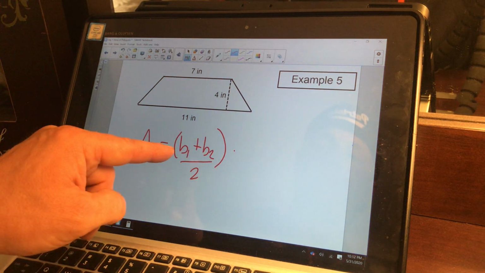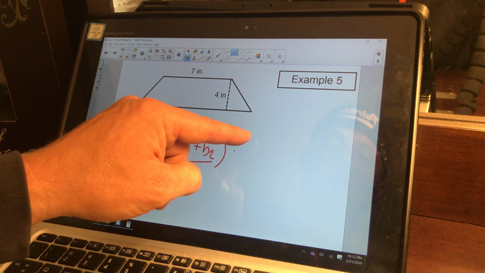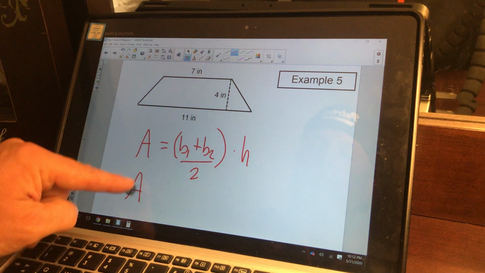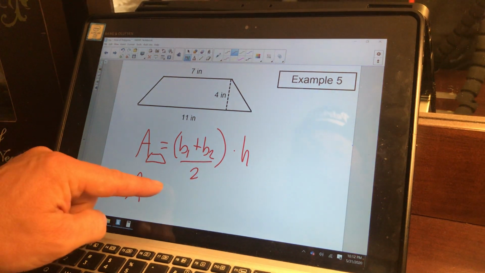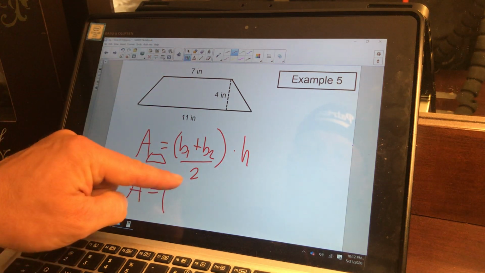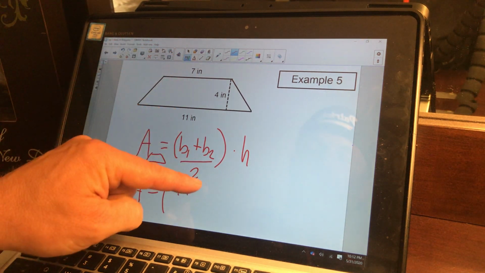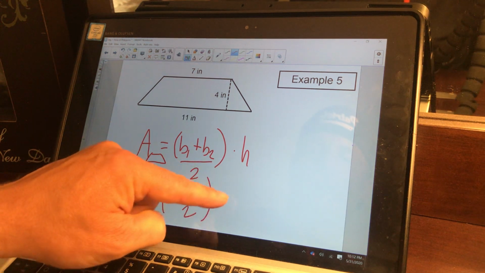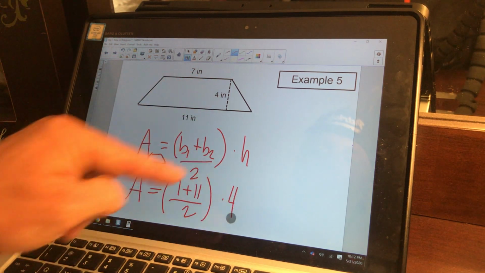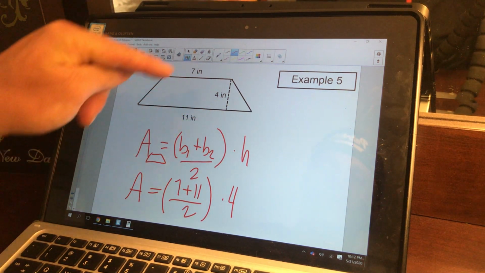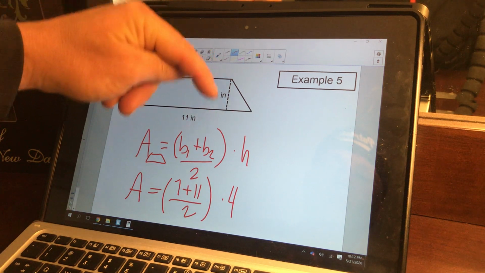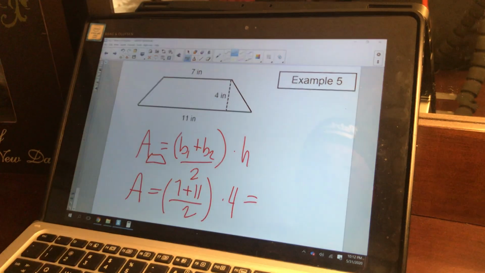Times the height. So base 1, the top, plus base 2, the bottom. Divide that by 2. Multiply it by the height. So in this case, it's base 1, 7, plus base 2, 11, divided by 2, times the height of it, 4. Now, make sure you get those numbers in the right spot because it's important. The bottom is 11 inches, the top is the 7 inches, and the height is the 4 inches.